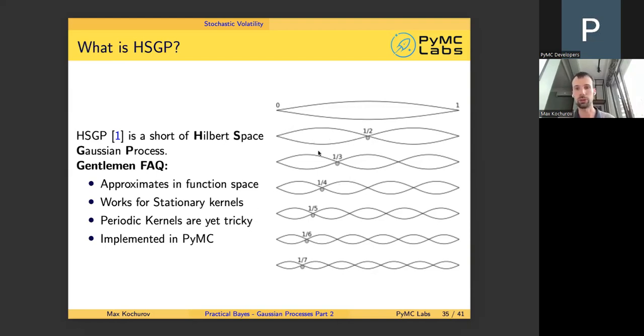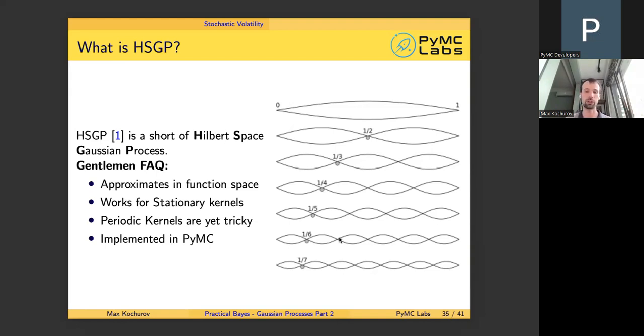If you look at the picture on the right, you see those periodic functions with decreasing period length, and an infinite number of these periodic functions can create a basis for the whole functional space.